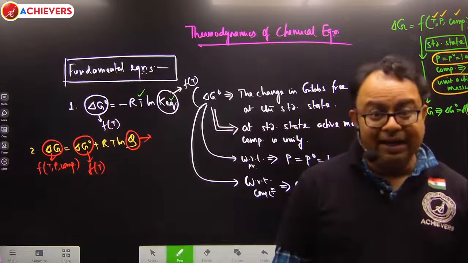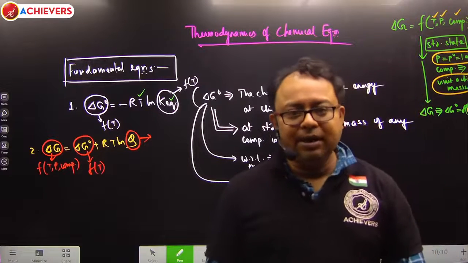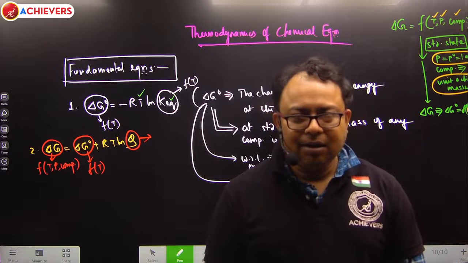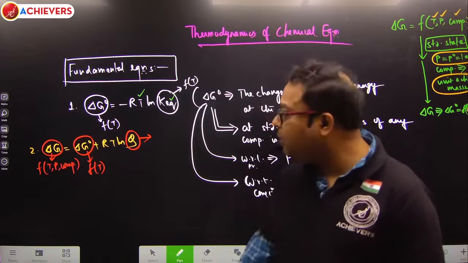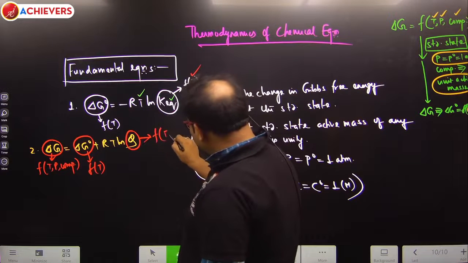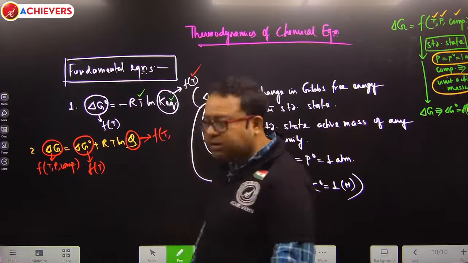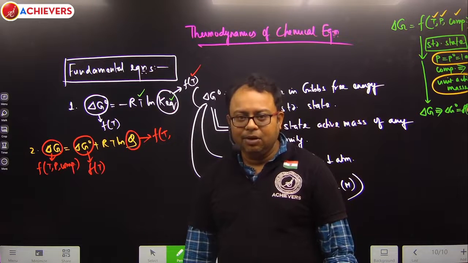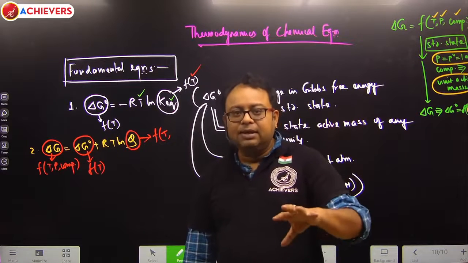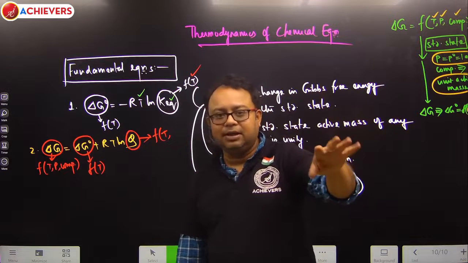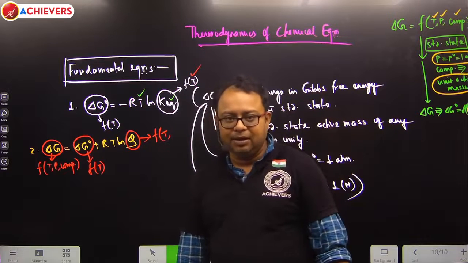We know that at equilibrium, Q becomes K equilibrium. We have already studied that. So if Q becomes K equilibrium, which is a function of temperature only, then Q is obviously a function of temperature because Q is more generalized in context to K equilibrium.